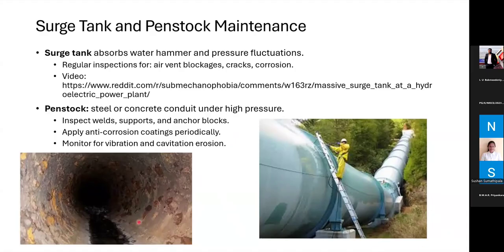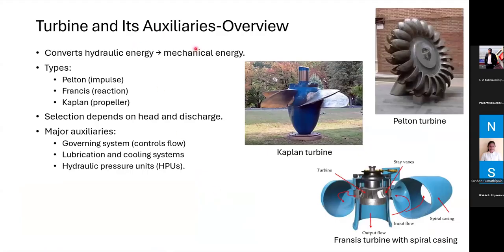This job is also really expensive as well as dangerous, where you have to climb up the pipe in the dark with lights, in a very enclosed space, and crawl through the pipe to do the cleaning as well as painting of this pipe. So that's on the water conduit system.